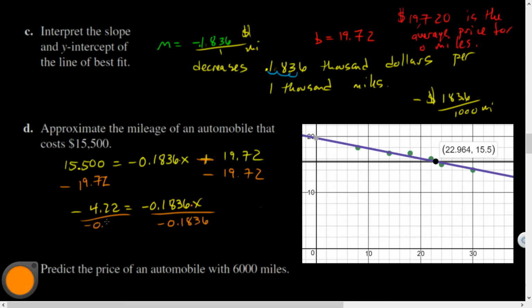Does anyone know what I'm expecting this to be? Let's see, 4.22 divided by 0.1836. The number's on the screen already.